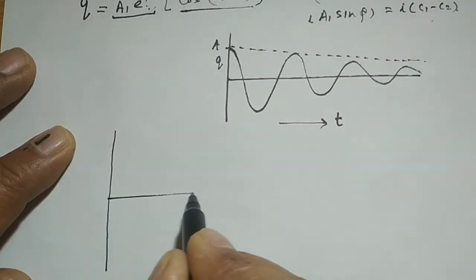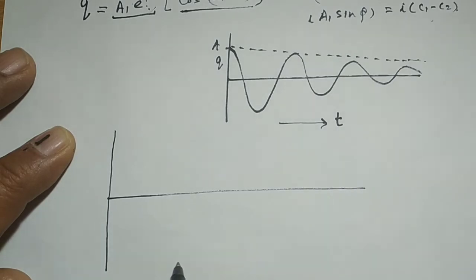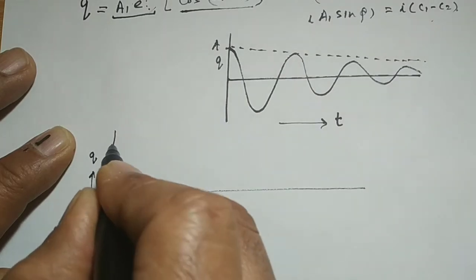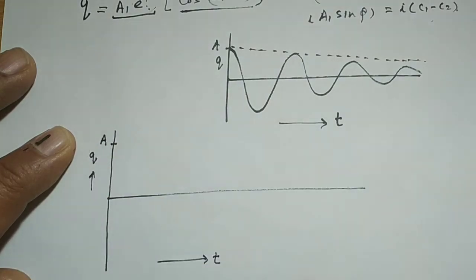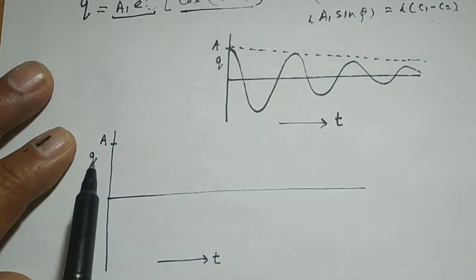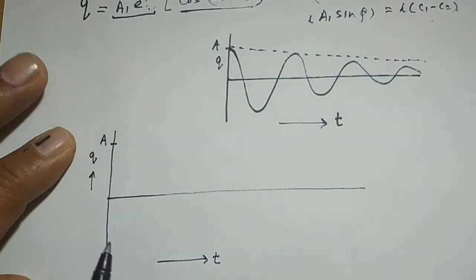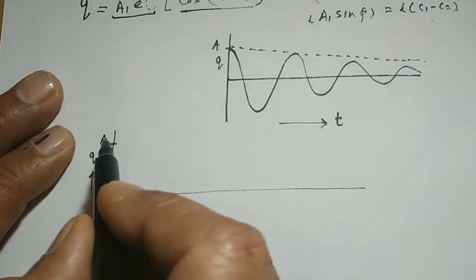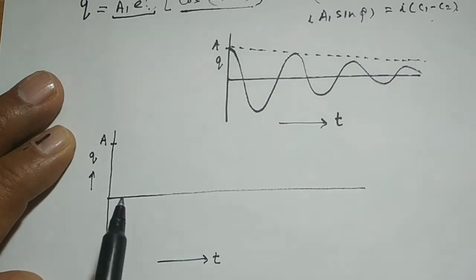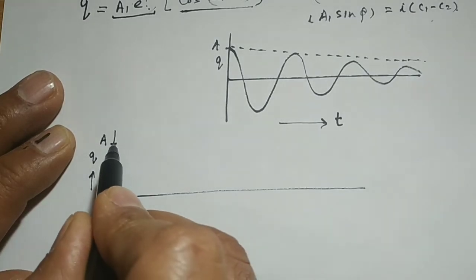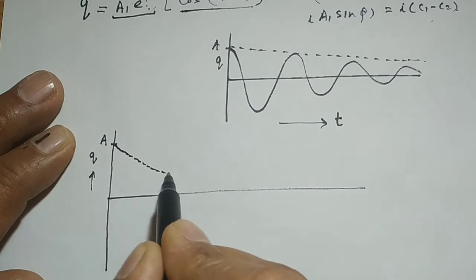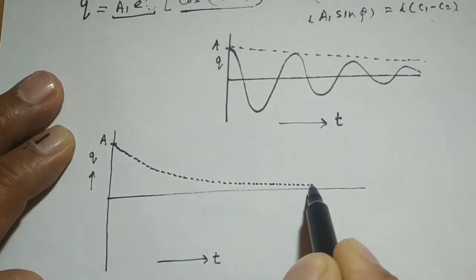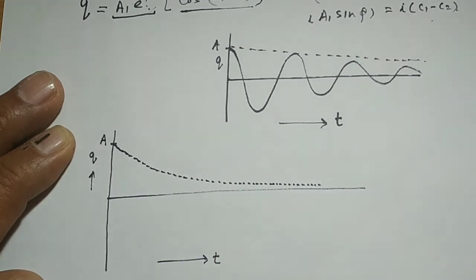If we take time along the x-axis and the variation of charge along the y-axis, and assume amplitude A is the maximum value of q in the circuit, then in the first case, due to the sine hyperbolic function, the charge will vary and come to the value 0, but after a very long time.